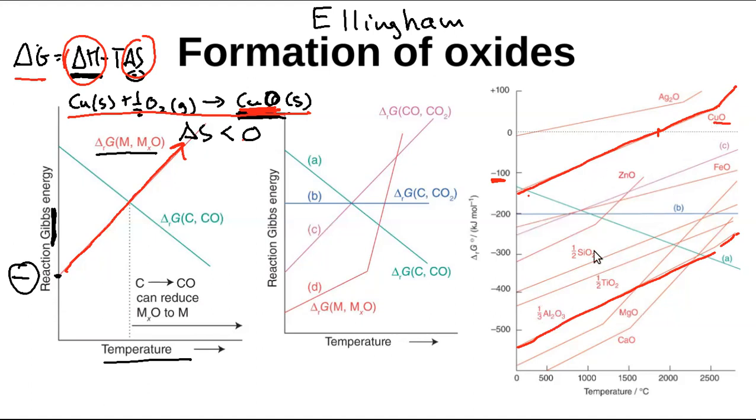Which of these two oxides is the most stable? Well, it's definitely aluminum oxide. So if you mix copper oxide with aluminum, then you would get copper metal and aluminum oxide.